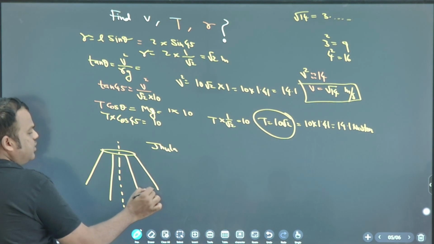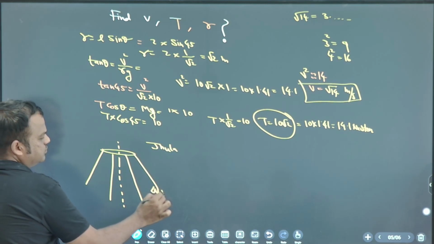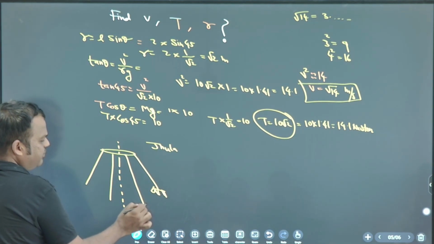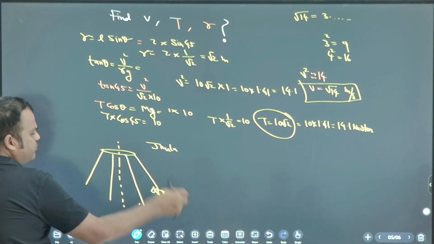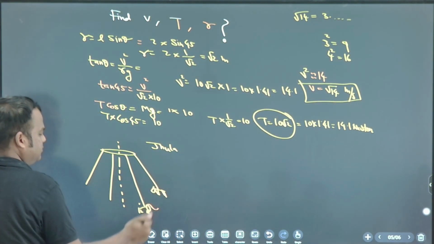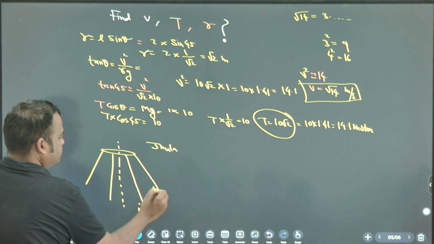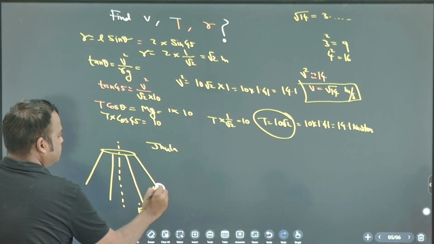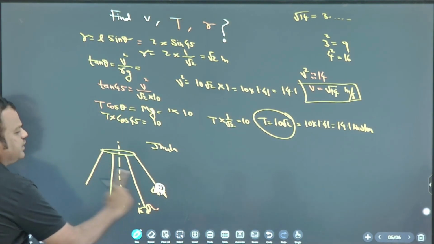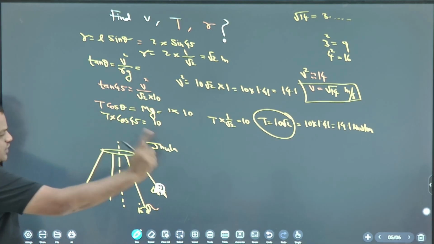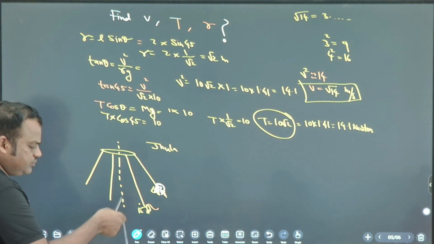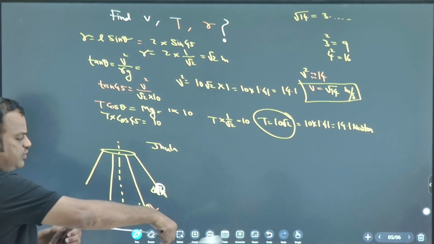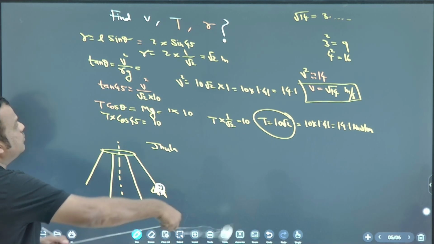A horse is there, and an elephant is there. They put a small kid here and they rotate like this, correct? So that is also a conical pendulum. Okay, clear?